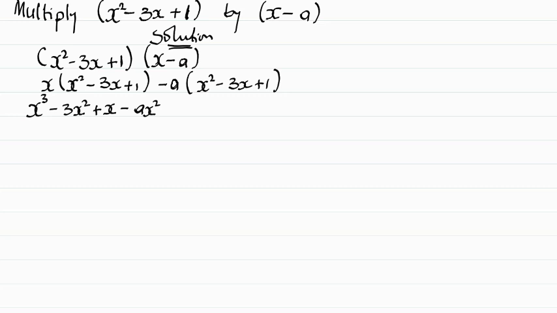Minus a times minus 3x gives us plus 3ax. Minus a times plus 1 gives us minus a.